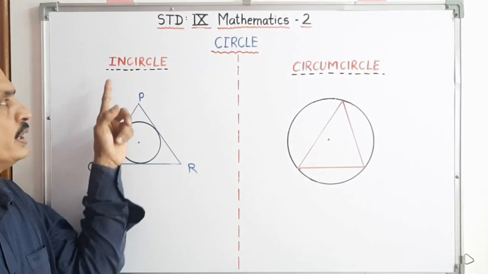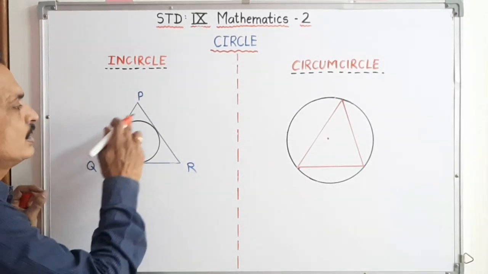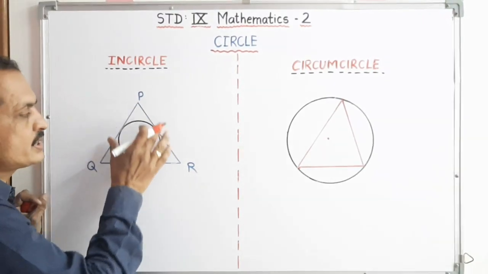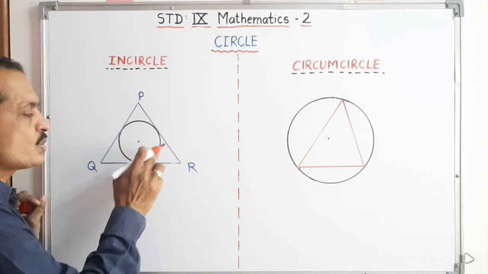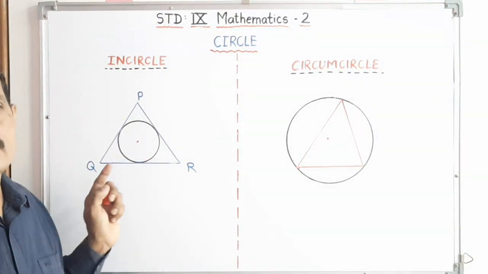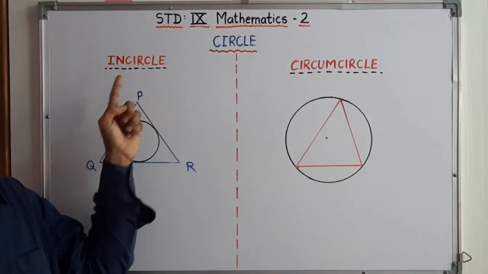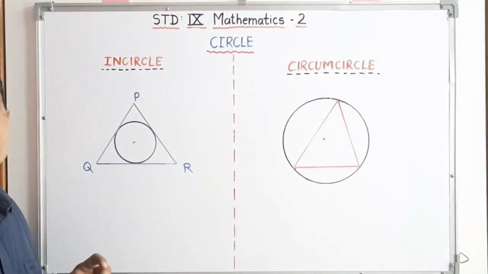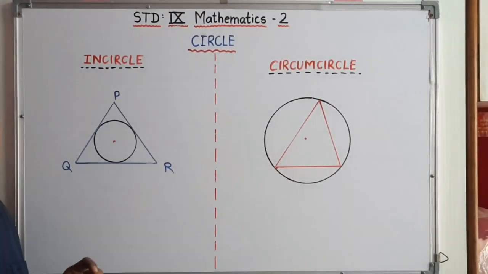Then that circle is called the incircle. Here is triangle PQR, and in this triangle PQR, one circle is drawn which touches all the sides of the triangle. That type of circle is called the incircle, and the center of such a circle is called the incenter.